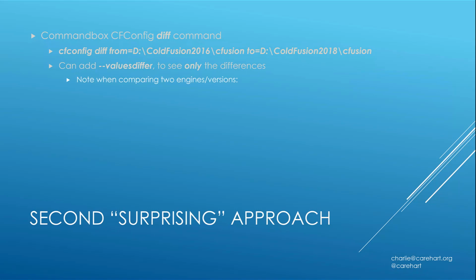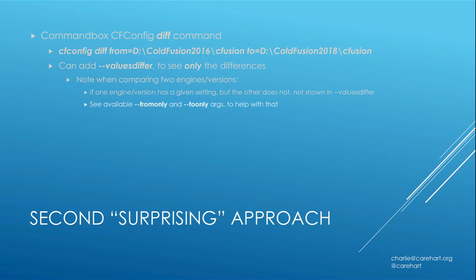And what I wanted to point out was when you're comparing different versions or different engines, if you do the values differ and something is in one and not the other, it just won't show up with values differ. With Beyond Compare, we could see on the left there was something, on the right there was nothing, or vice versa. With values differ, it just says of the settings that are in both, which ones differ. And there's value to that, so just be aware.